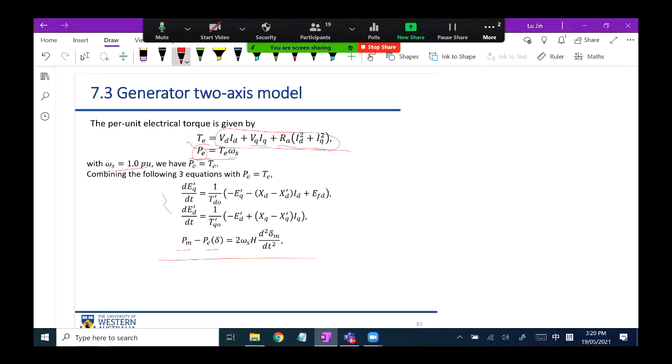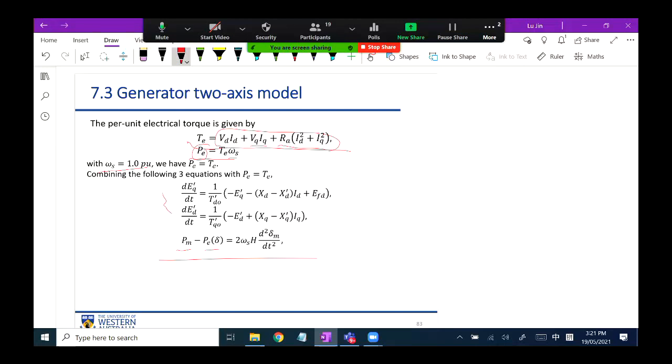PM minus PE means we have such mechanical power PM and such electrical power PE, and the difference between them indicates whether the mechanical power is higher or lower than the electrical power.